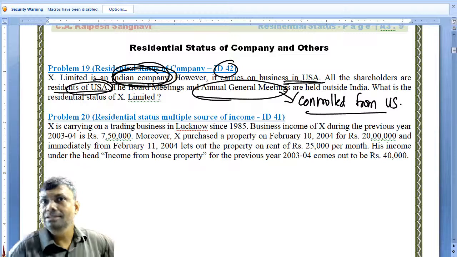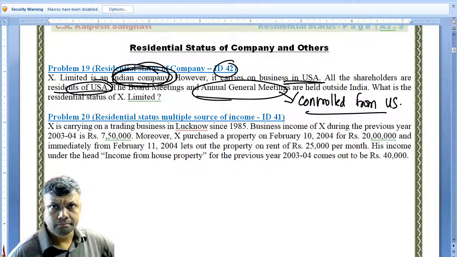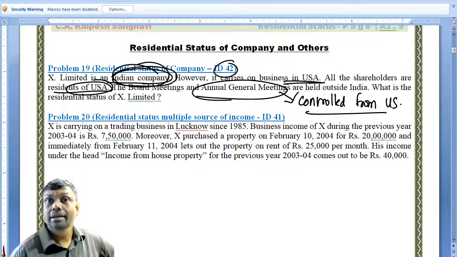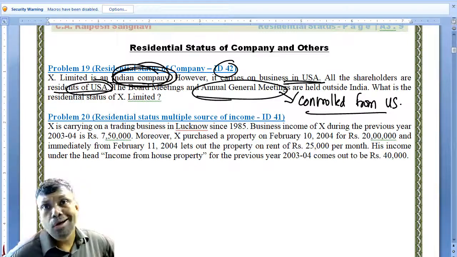An Indian company is always resident in India, no matter what your control and management is, because you are an Indian company, incorporated under the Indian Companies Act. And therefore, you are always resident in India.